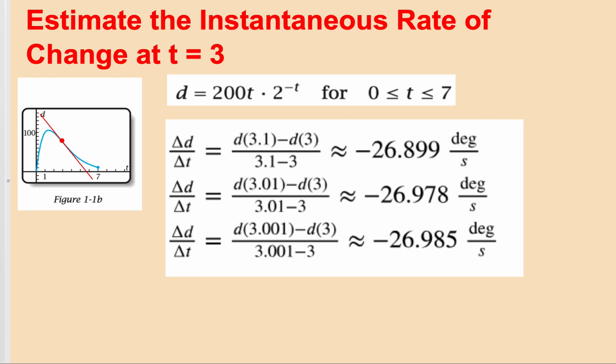And here are the answers. Again, the time interval is getting smaller, but the average rate of change is staying about the same. Notice it also is negative. Negative means that the number of degrees is getting smaller and smaller, and that's what closing is.